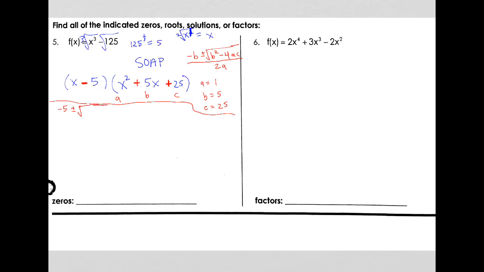Let's try that again. Remember, just this first number out here is opposite B. This number inside is just B. And so B is 5 squared minus 4. A is 1, and C is 25.